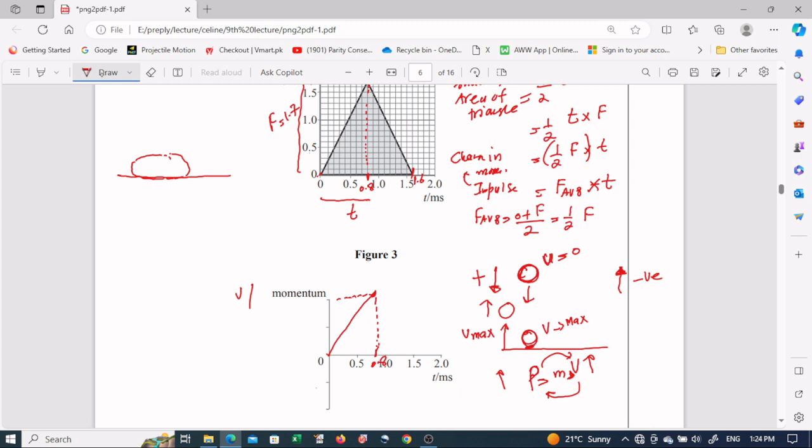It reverses the direction: as it was coming down it was positive, and now it is moving up, towards the negative. So our velocity and momentum reduce until we reach 1.6, where the time is 1.6 milliseconds. The graph looks like this: an increasing trend, then a decreasing trend. So this is the graph for Figure 3. I hope it's clear.